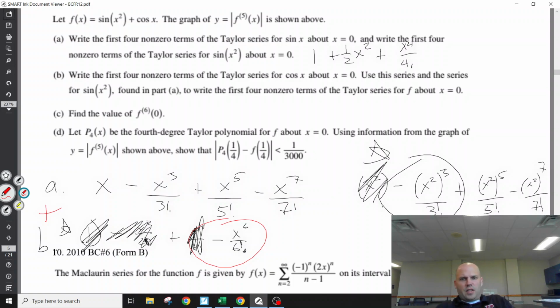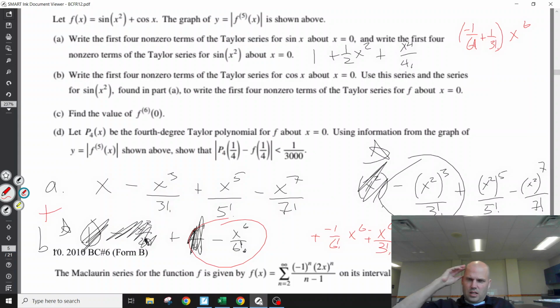I mean, I think the best thing to do is, I got that, and then I got that. I'm adding them together, and it's almost like I could do negative 1 over 6 factorial plus 1 over 3 factorial as the coefficient of x to the 6th.